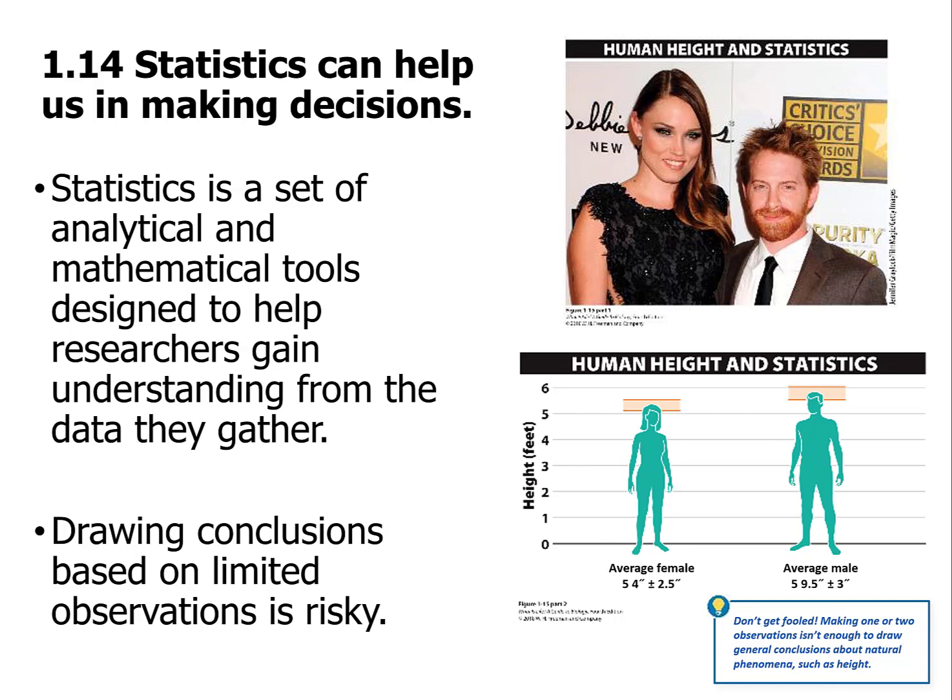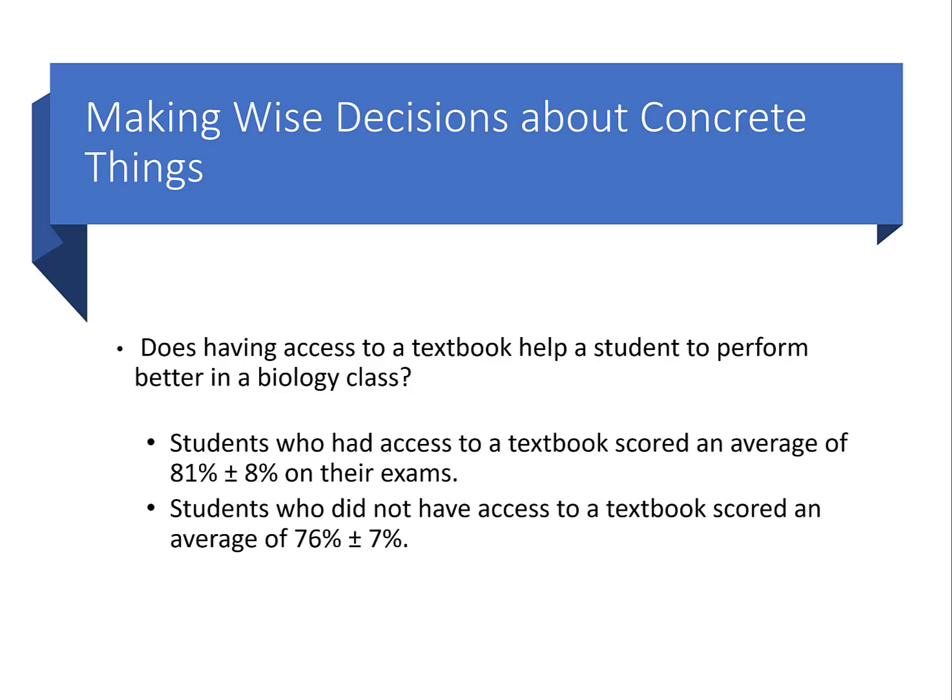You see, average female is 54 inches plus or minus 2.5 inches. The average male is 59.9 inches plus or minus 3. And so you can see the level of error and that sort of thing, but we can draw conclusions. So does having access to textbooks help students perform better in class?